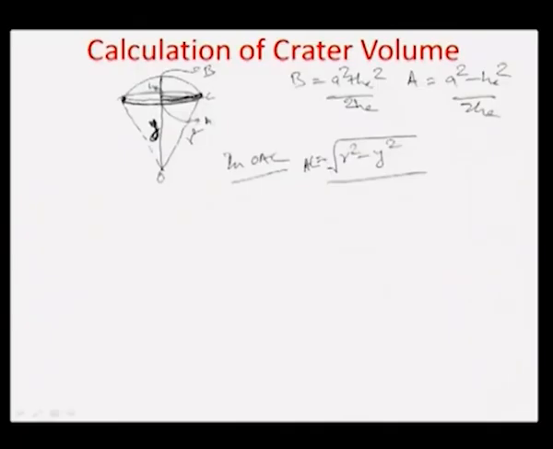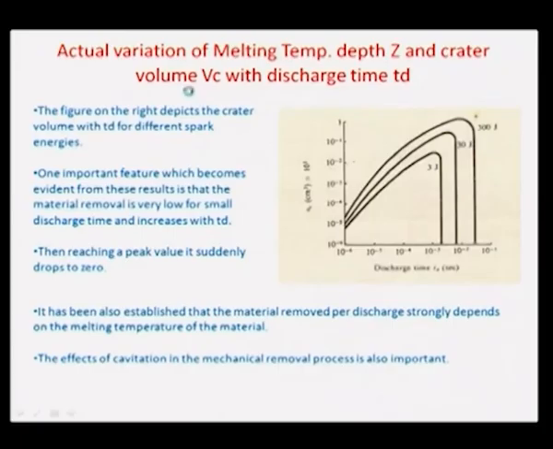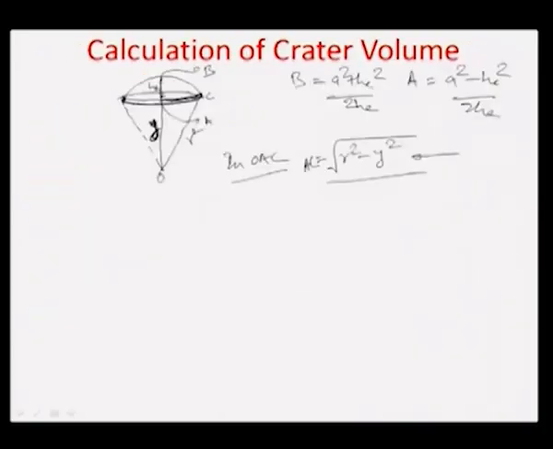And therefore, if the radius of this small cylinder is given by the root of (r square minus y square), the total volume dV that the cylinder would have is pi (r square minus y square), and let us assume that this small length here is dy, okay, times dy.